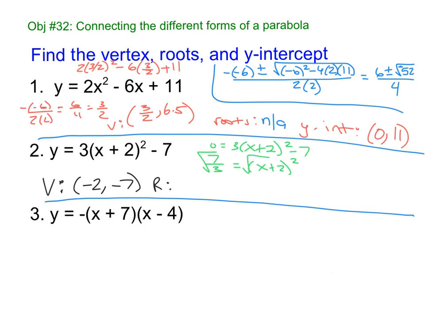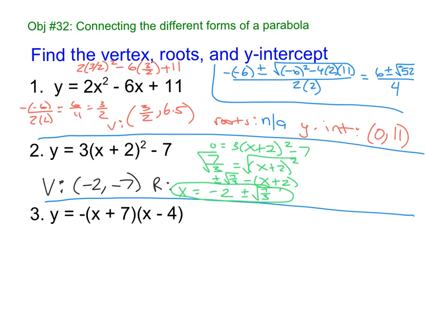Square root of both sides. X plus 2 equals plus or minus the square root of 7/3. And then I'm going to minus 2. So I get negative 2 plus or minus the square root of 7/3. We haven't talked about rationalizing the denominator yet, so we're just going to leave it like that.